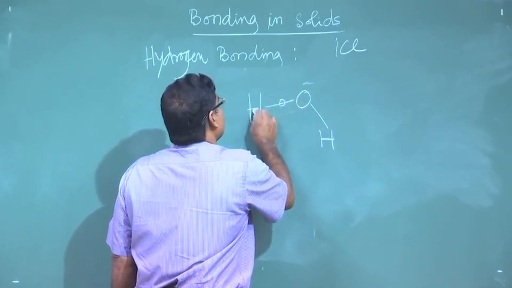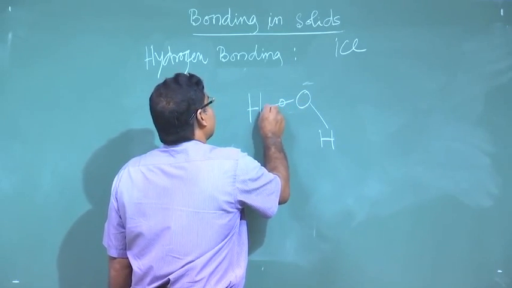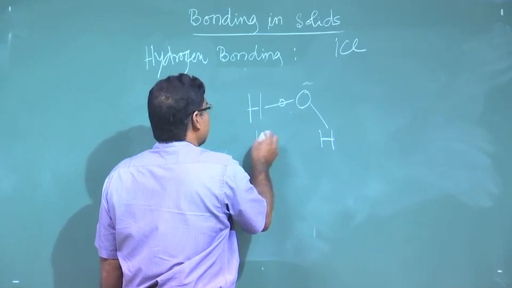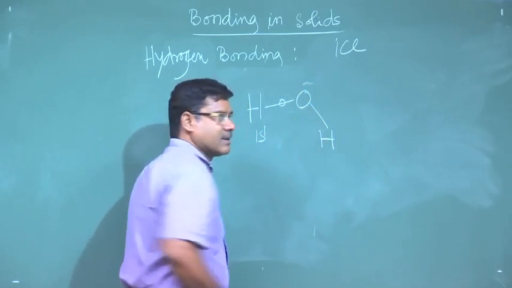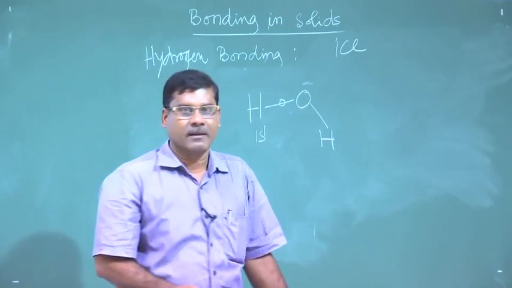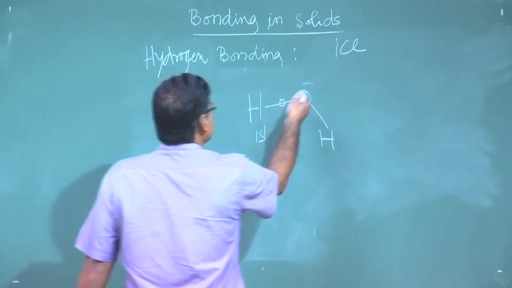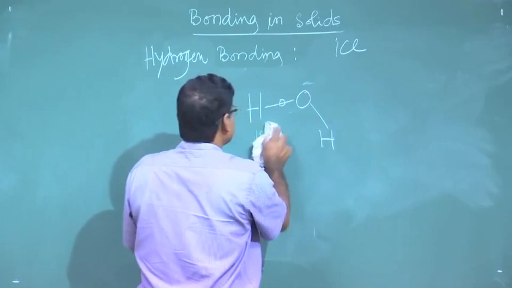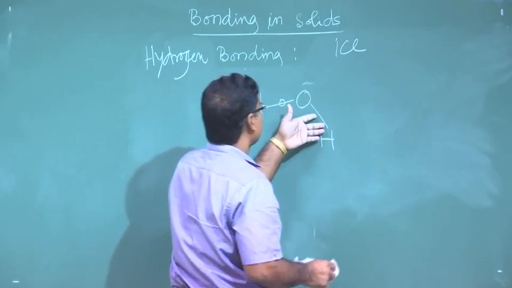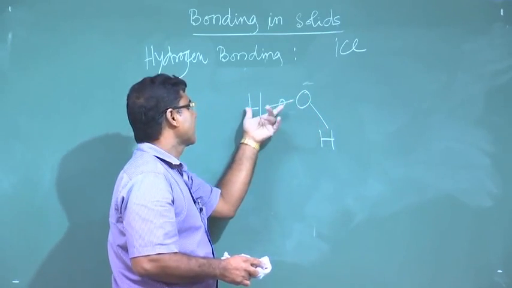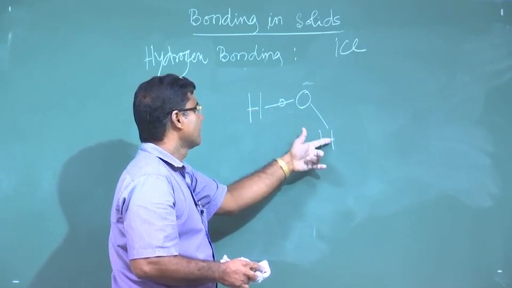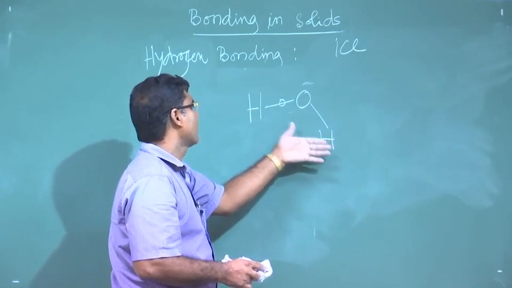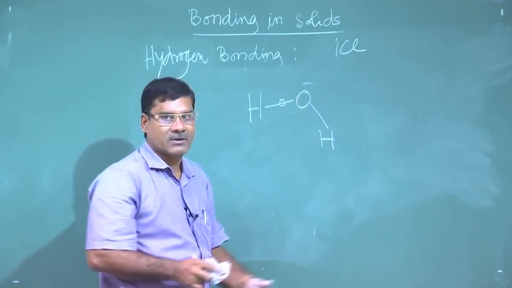Okay, shared, sorry. So, hydrogen has 1 electron, and oxygen has, I think, 8. So, oxygen shares electrons with 2 hydrogen, or 2 hydrogen share electrons with oxygen.